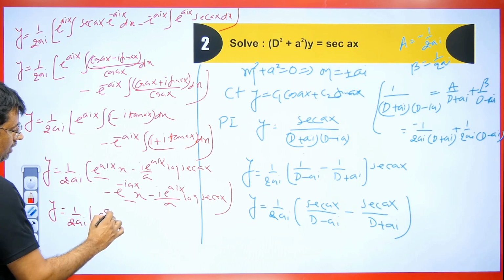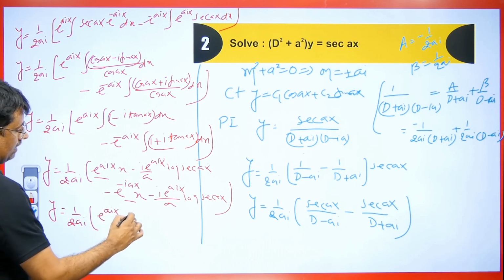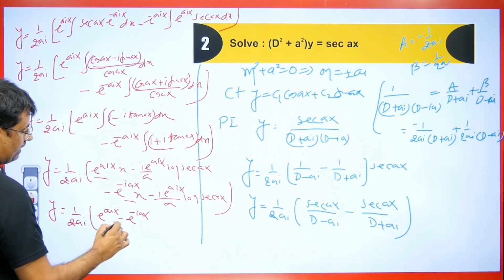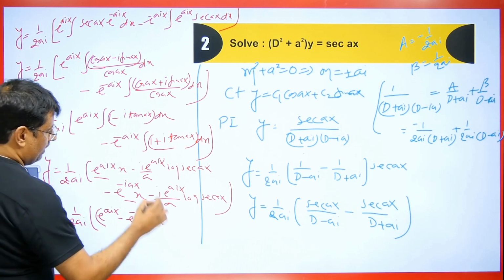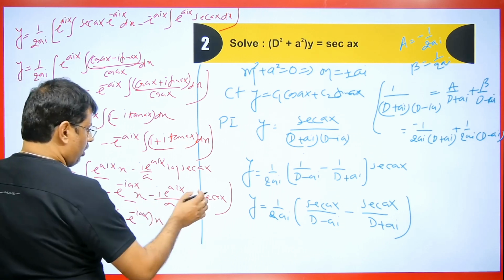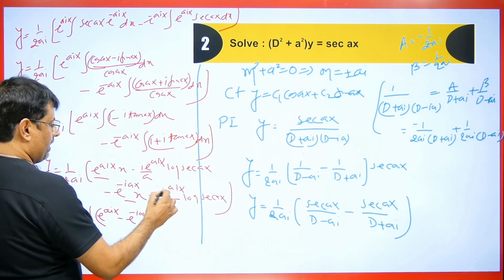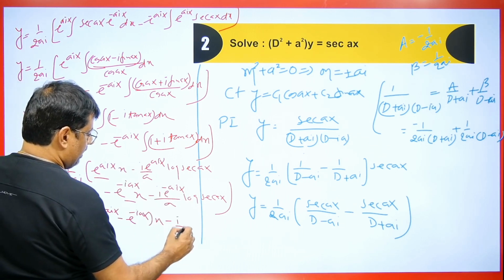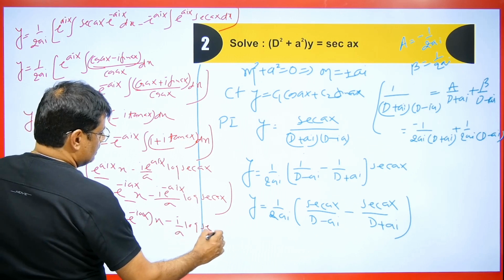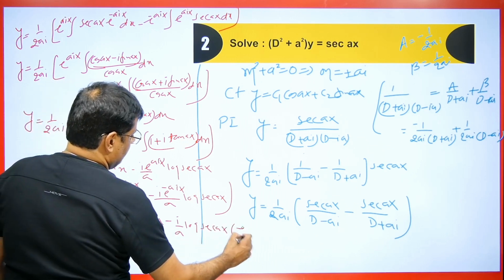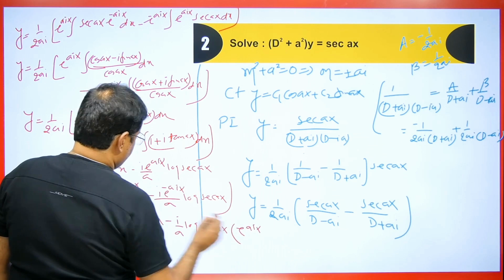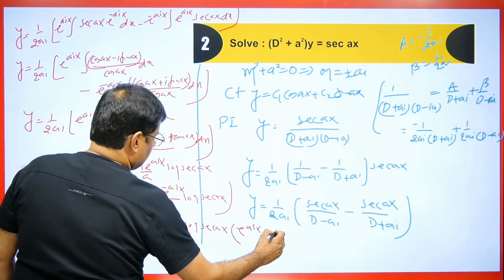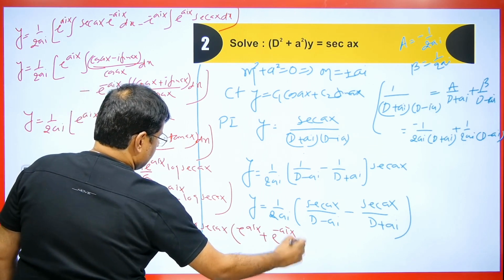This will be e to the power a iota x minus e to the power minus a iota x. I took x common, clear? In the same way here, what we have as common, we have log sec ax as it is in minus. So this will come out. Therefore, it will be minus iota a log. If sec ax is common, then we will be getting e to the power a iota x, and since both are minus, we will get e to the power minus a iota x at this point.